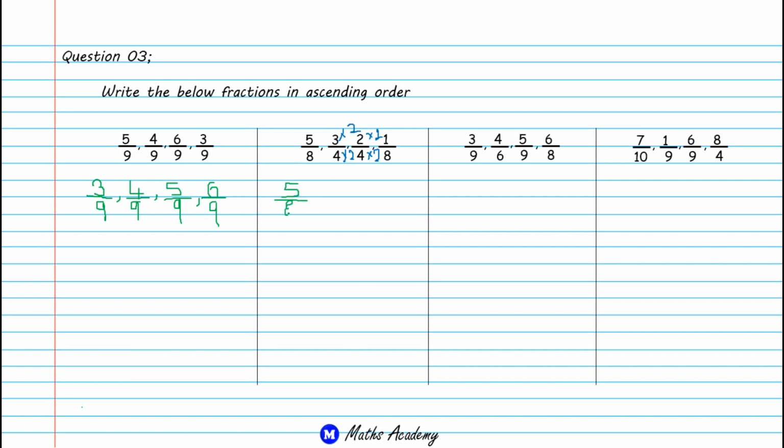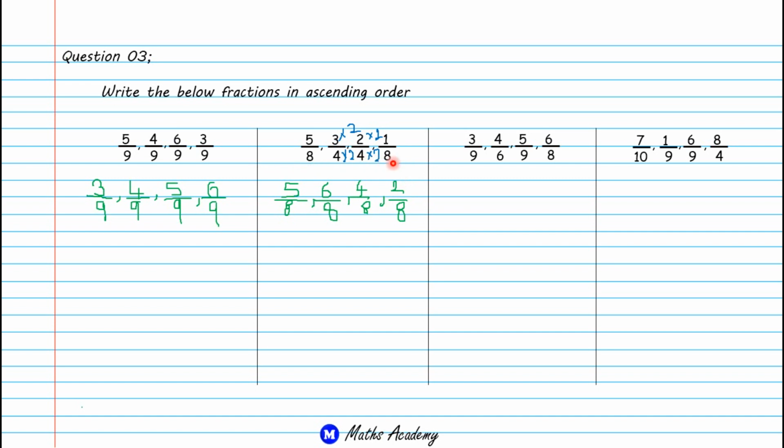Let's write the fraction. So now as you can see, we have made all the 4 fractions equal. The common denominator of all the fractions is 8. Now we can arrange it from small to big by looking at its numerator.